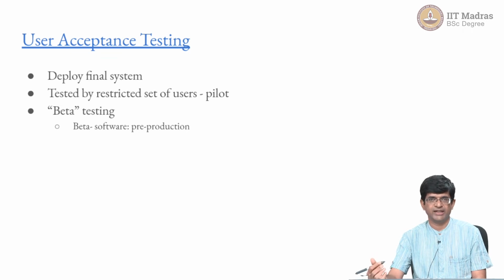And the whole idea of a beta test is that a person who is participating in a beta test is using the software expecting it to work properly, but if there is a problem, they would at least be able to give you intelligent feedback and not just say, look, the thing didn't work. Okay, they should be able to tell you, look, when I tried this under these circumstances, this broke.